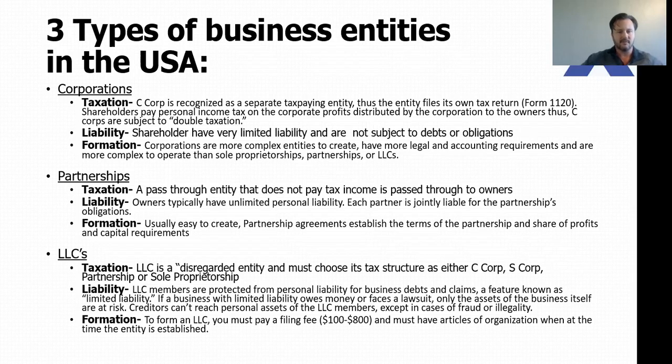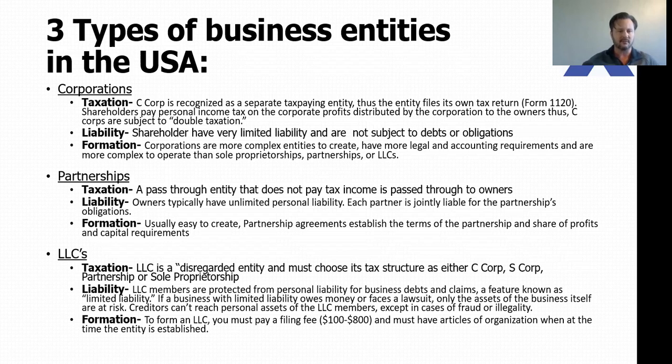So the three types of business entities in the US: corporations, I'm sure everybody's heard of that. The taxation of a corporation is recognized as a separate tax entity. It files its own tax return, the Form 1120. It's taxed at the corporate level, and then also shareholders are taxed on their dividends.